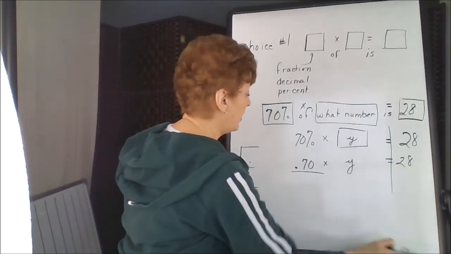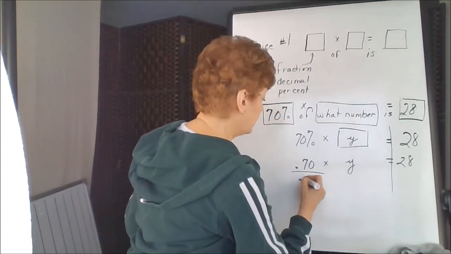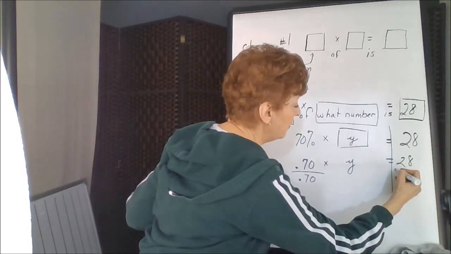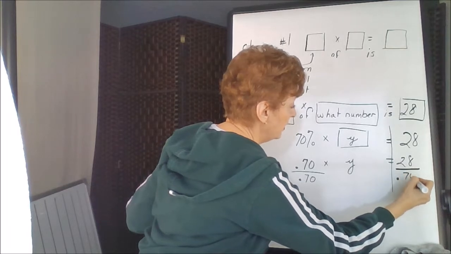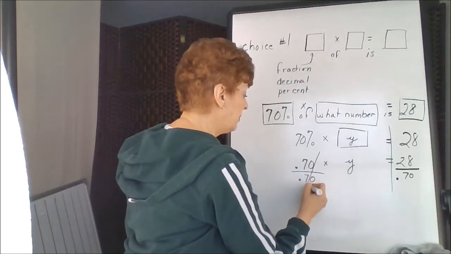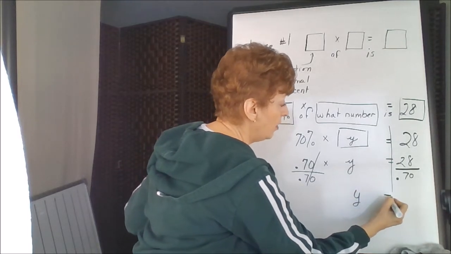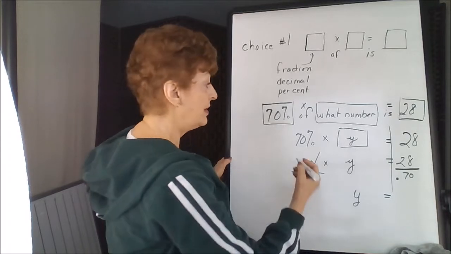So I'm using my fraction line here. 0.70, and I have to go immediately to the other side of the equation and do the same thing. Divide by 0.70. This eliminates it. I'm only left with y. Y equals whatever 28 divided by 0.70 is.